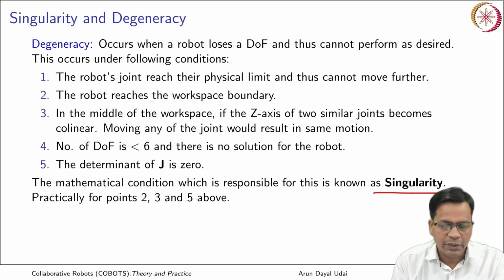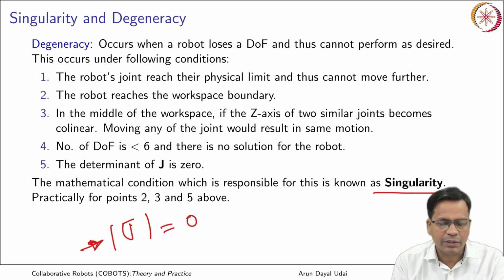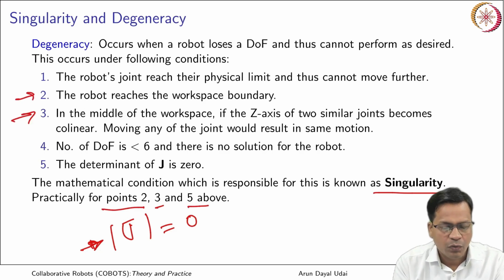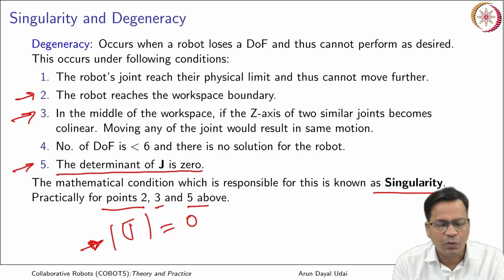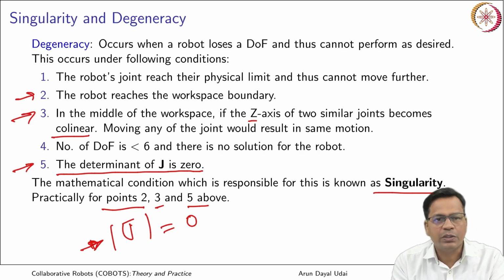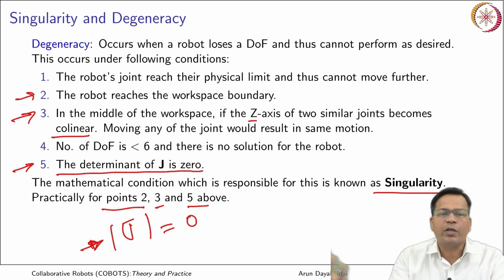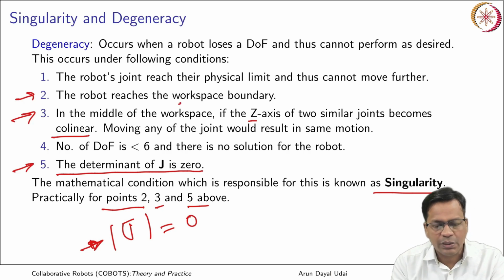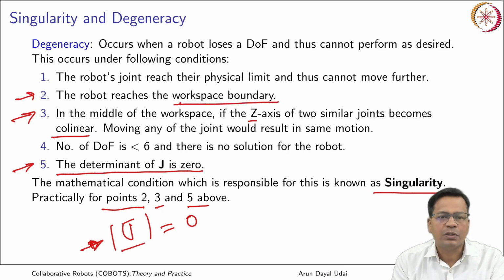The determinant becoming equal to 0 is a singular case, mathematical singularity, and that is the case for points number 2, 3 and 5. If in the middle of the workspace the z axes of two similar joints become collinear, mathematically the determinant of J also becomes 0. When the robot reaches its boundary, in quite a lot of cases the determinant also becomes 0.